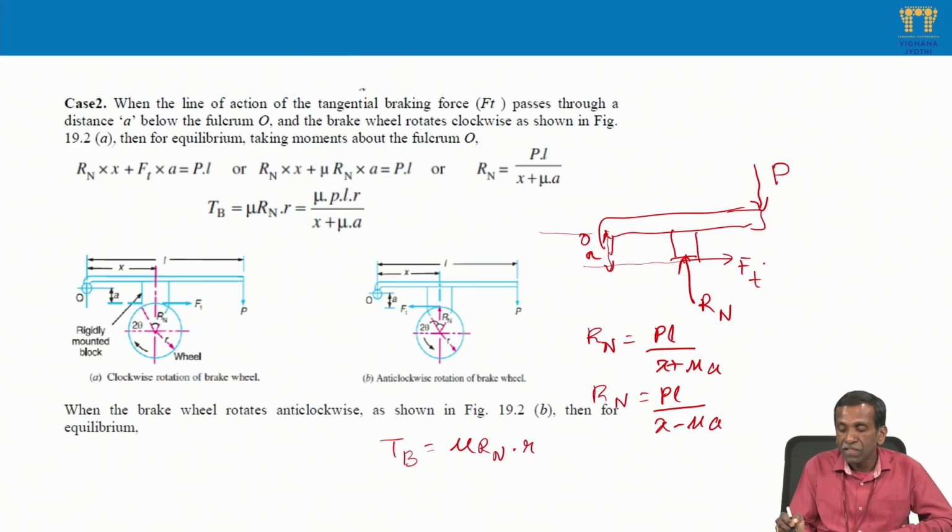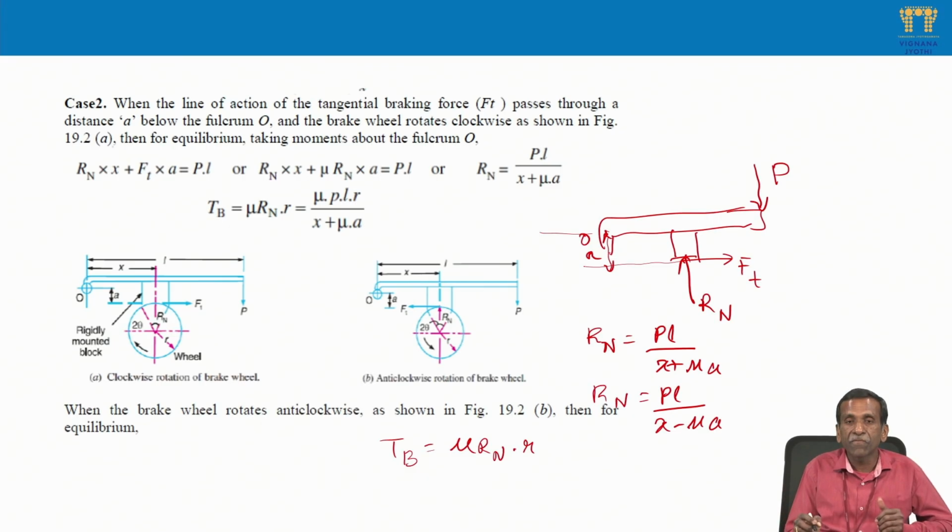Why? Because the moment of the tangential force about the fulcrum is in the opposite direction to the moment of the effort we are applying about the fulcrum. That means the frictional force is not doing any favor to the braking process.